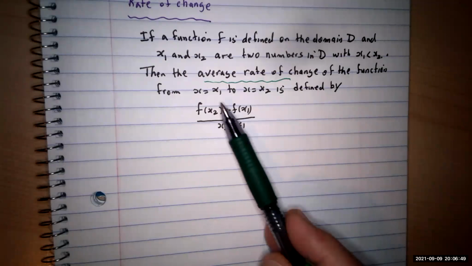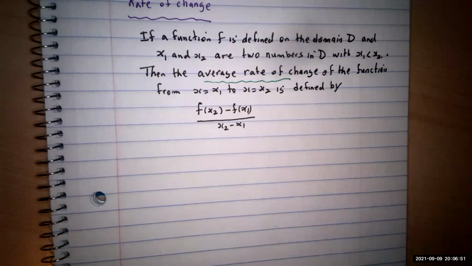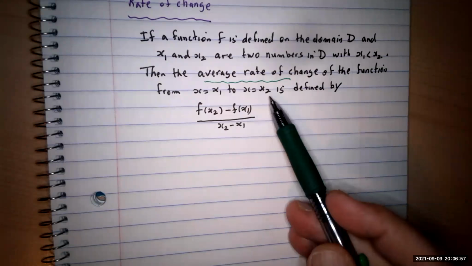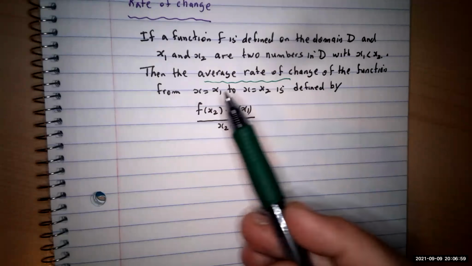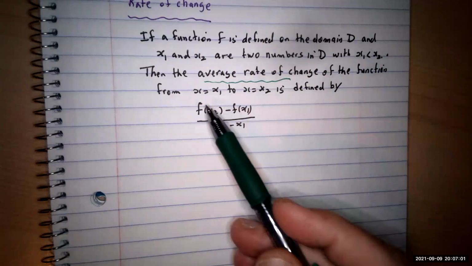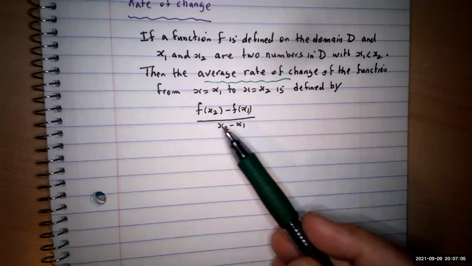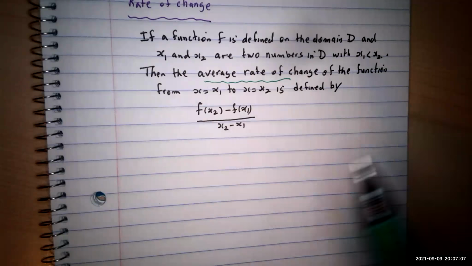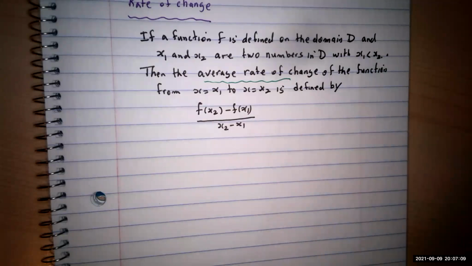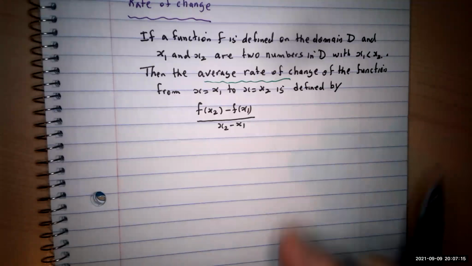So this quotient over here gives you the average growth of the coronavirus, for example, between this period, for the last 6 months. So x1 is going to be 0, x2 is going to be 6. So it depends on the type of the function. If you get the revenue function, average revenue, you're going to see this type of problems. Average revenue, average profit in your case, average cost function.